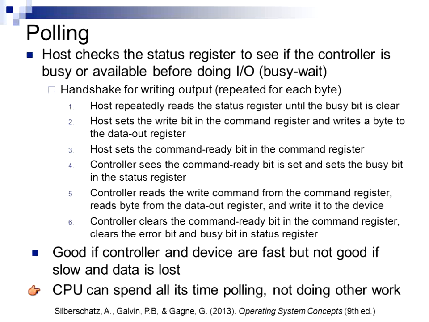Another problem with polling is that the CPU can spend all its time polling. And when it's repeatedly checking this status register, it's not doing anything else. It's going and checking, are you ready? Are you ready? Are you ready? And if it's not ready, it can get stuck in a loop here, not doing anything, just waiting for the controller to be ready.